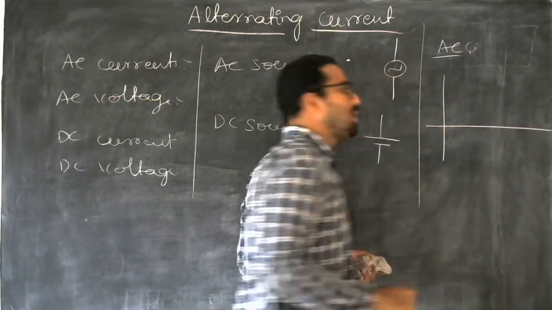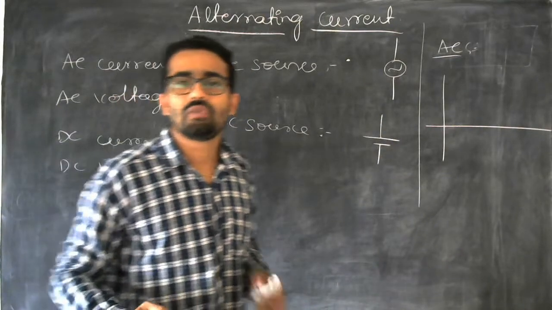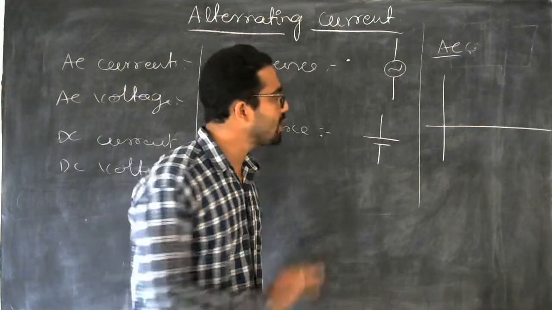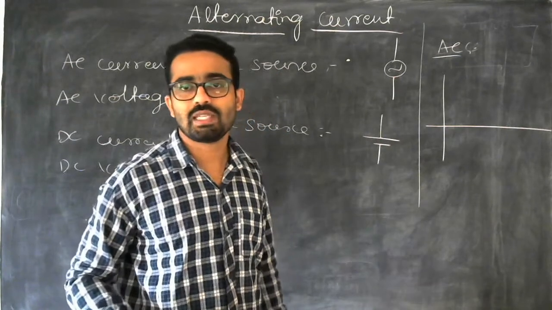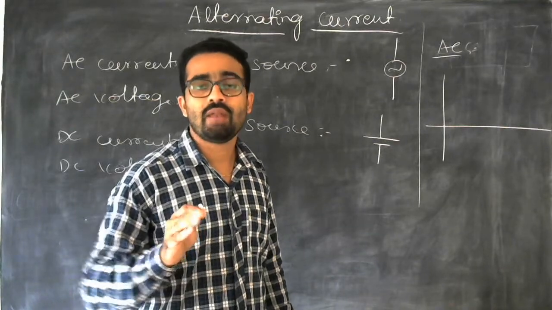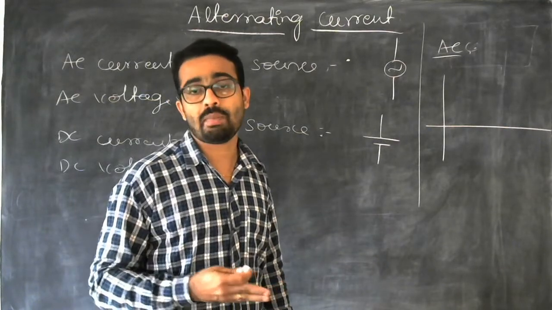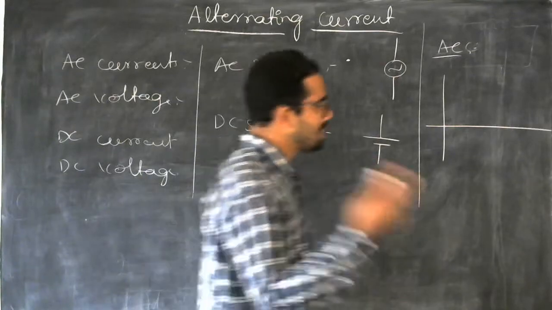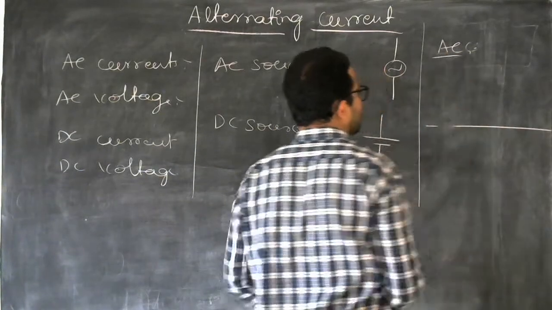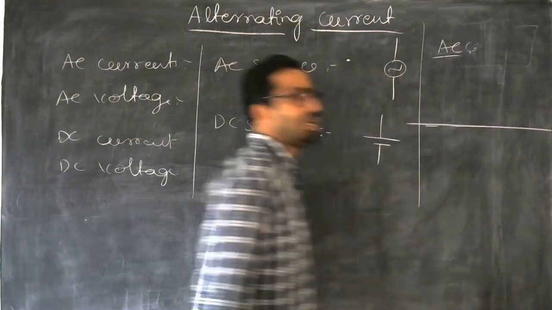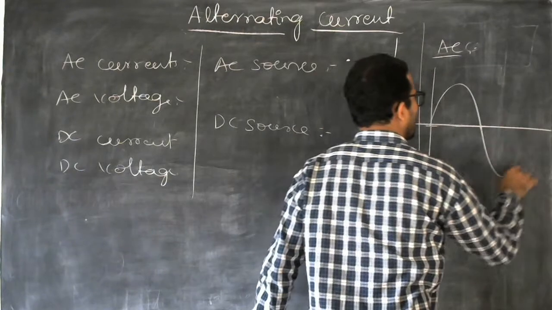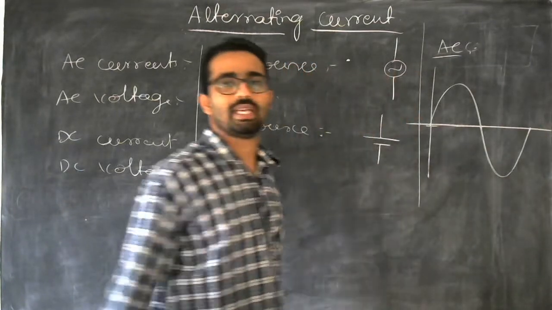AC can be represented graphically with waves called sine waves. We already saw sine waves in the first year, when you studied simple harmonic motion. The same sine waves are used to represent the variation of current and voltage in AC. So this is the graphical representation of AC.